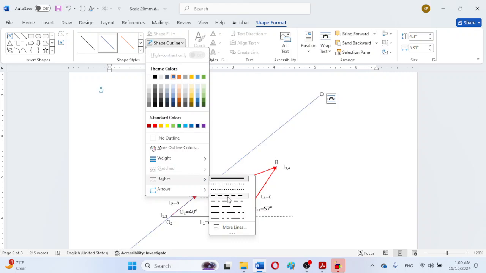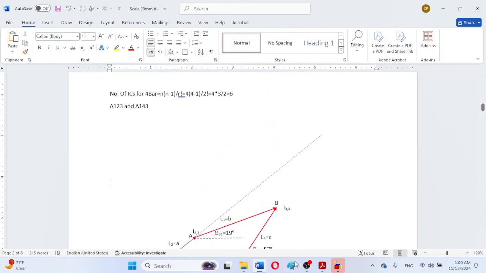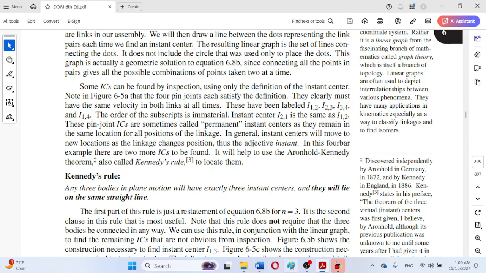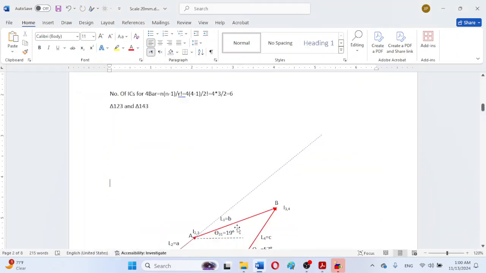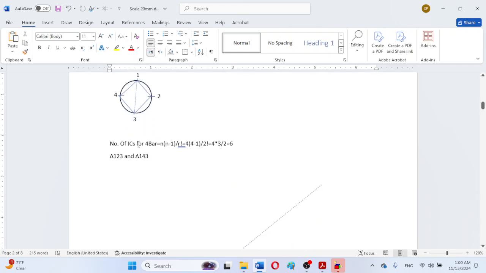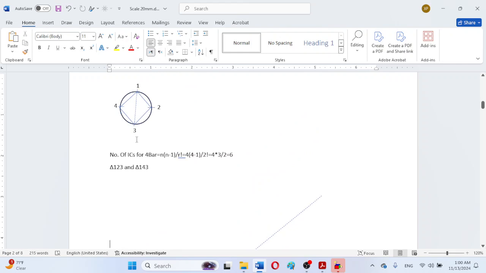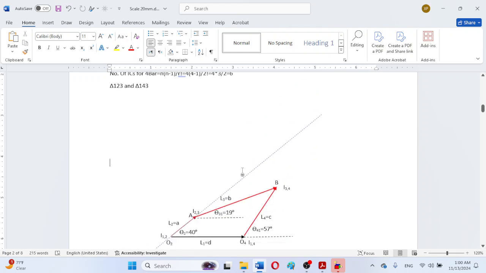For example, we can use any dashed pattern here, and again using Kennedy's rule we can show from the line graph, using the other trio, 1 4 3 triangle. We can observe link number 1 comma 4 and instant center 3 4 or 4 3, these two instant centers.